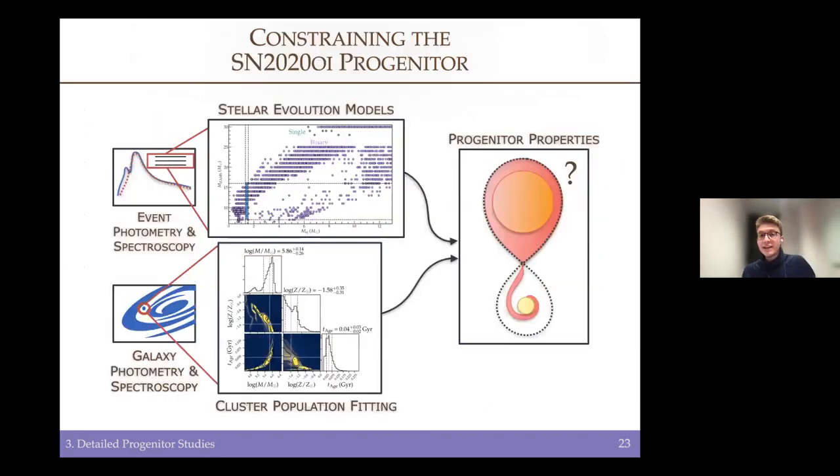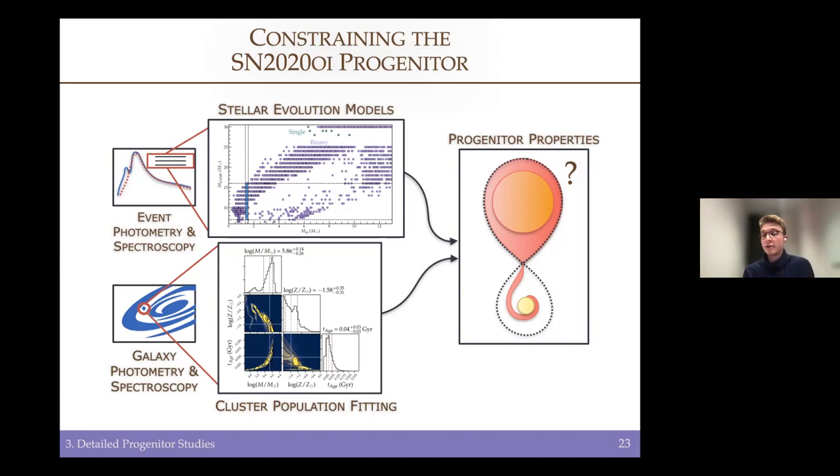And we constrained the nature of the progenitor system using a combination of data sets and models, some from the event itself, some from the host galaxy. So from the top, we used the bolometric light curve fit to a couple different models to constrain the underlying parameters of the explosion, which we then compared to the BPASS simulations of single and binary stars.